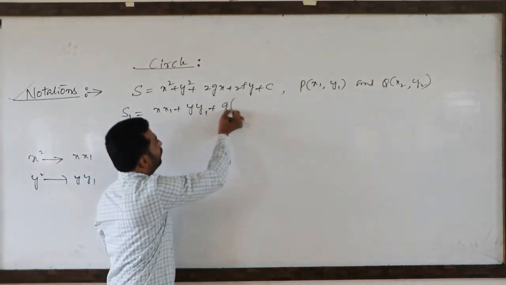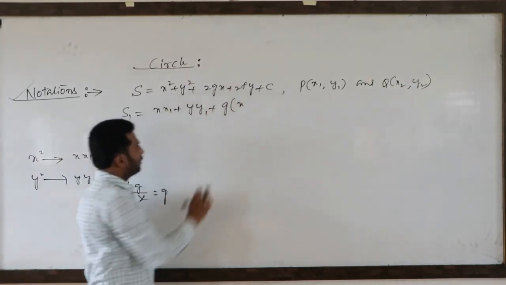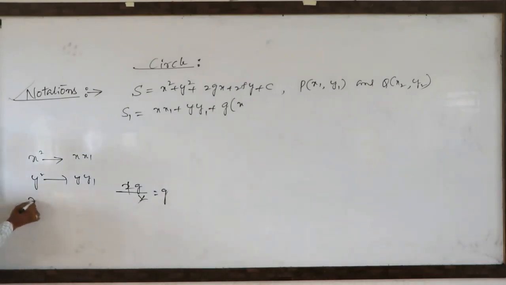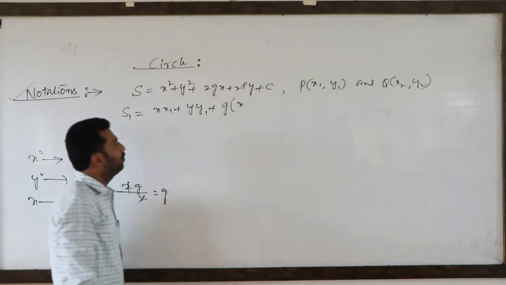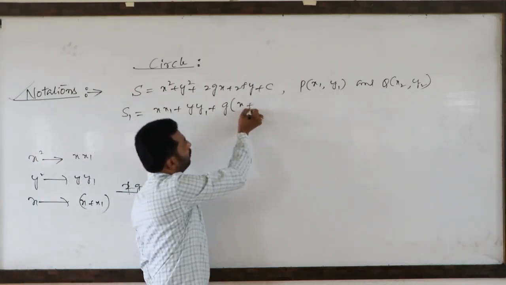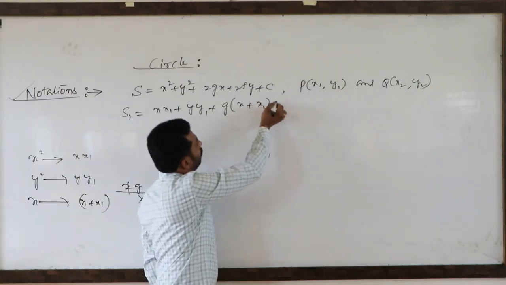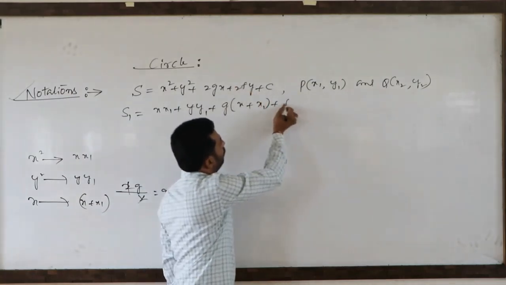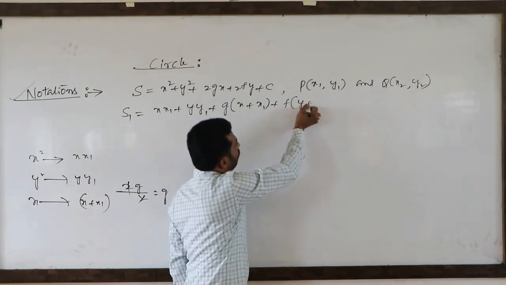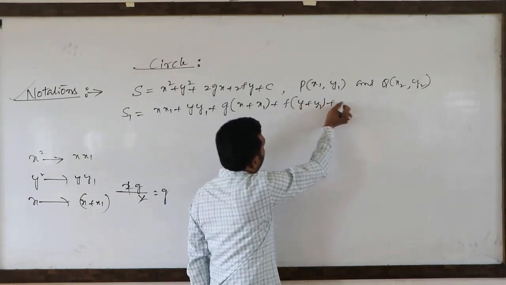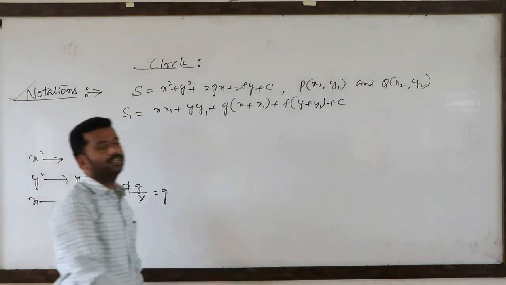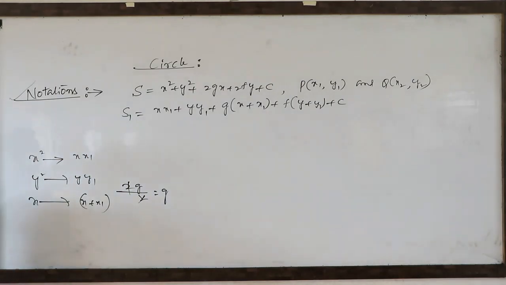So you write g, then wherever x is there, x plus x1, according to the first point, plus half of 2f means f, that is y plus y1, plus c. No change in the constant. That is called S1.